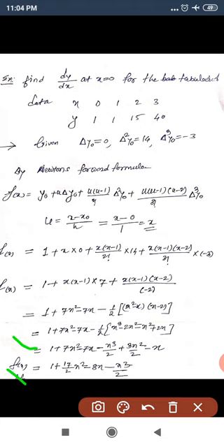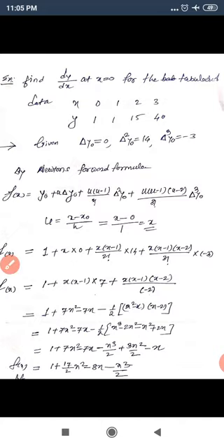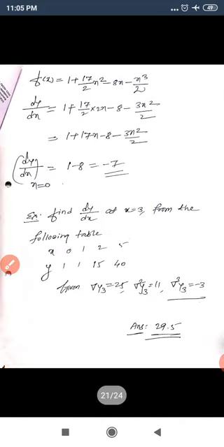Differentiate this f of x and put x equal to 0. We will get the derivative of y with respect to x. This is f of x, which is your y. Differentiate this and put x equal to 0.